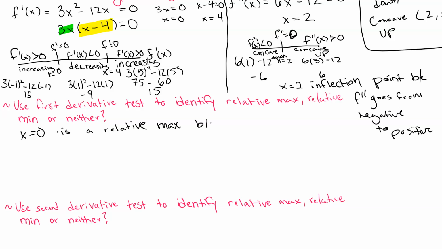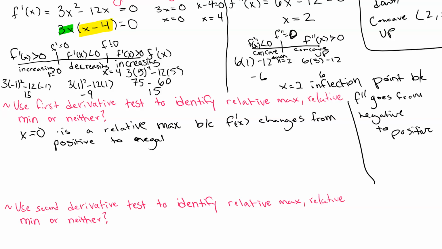And that's because our first derivative, let's just write f prime of x, changes from positive to negative. So if we're thinking about it visually, we're increasing on the left of x equals 0, and then we're going down, decreasing on the other side. So that's why it's a relative max.